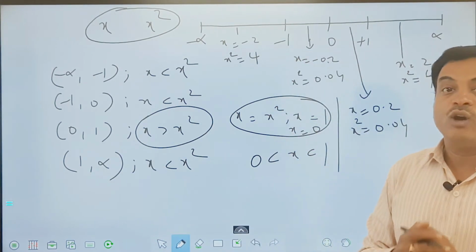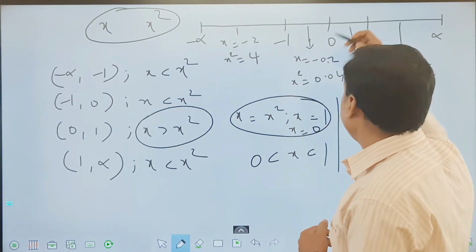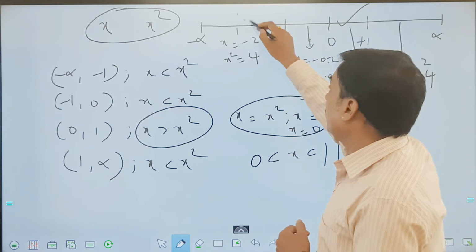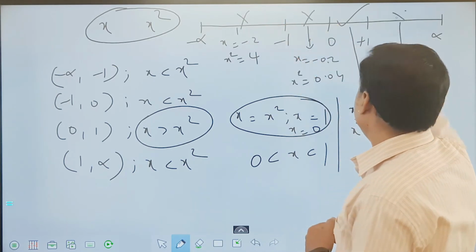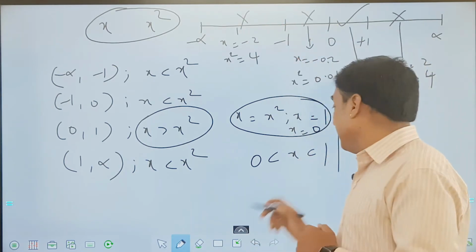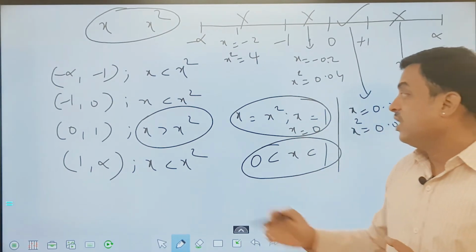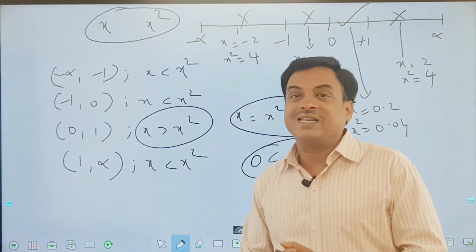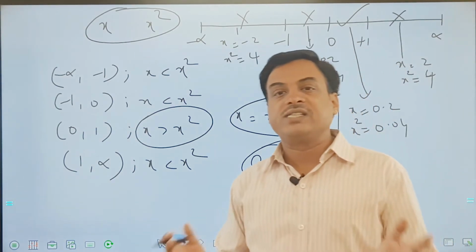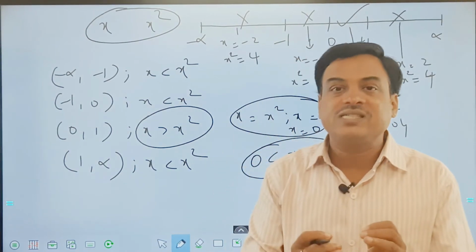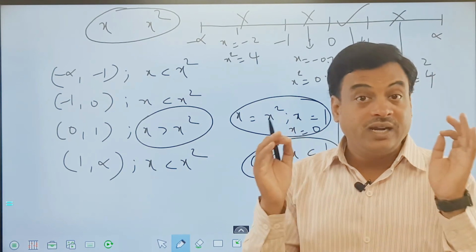You can find the value of x greater than x square only between 0 and 1. For other ranges, it is not possible. So instead of giving you directly that x lies between 0 and 1, he always prefers to say x is greater than x square. For all the values of x where x is greater than x square, it means the value lies between 0 and 1.